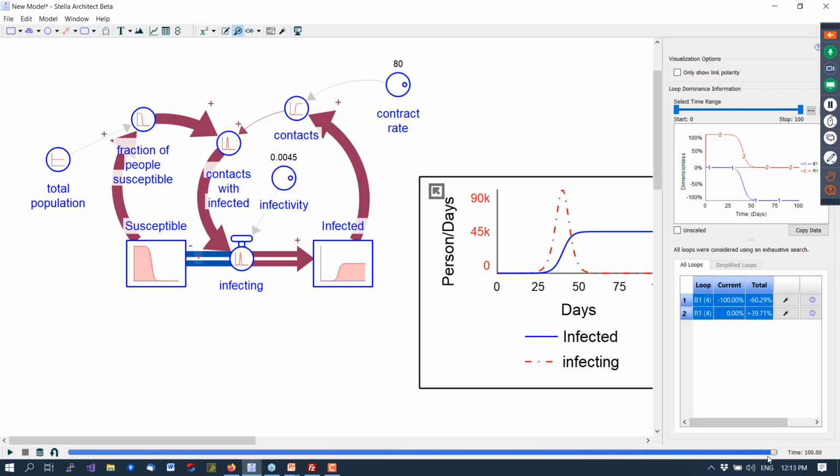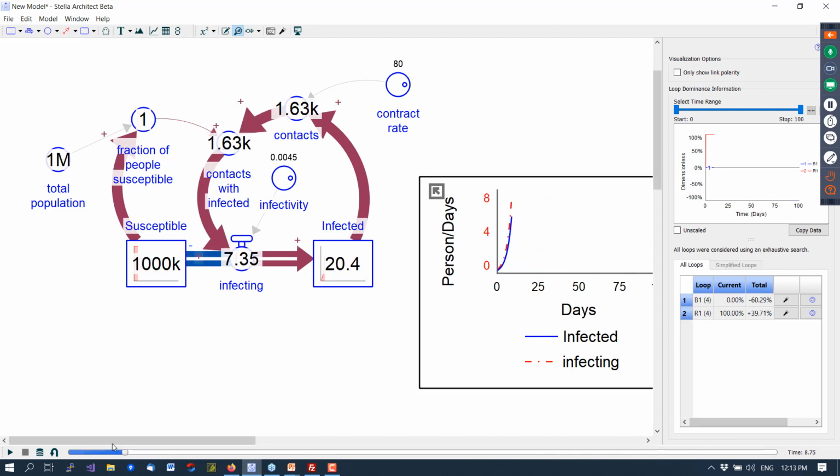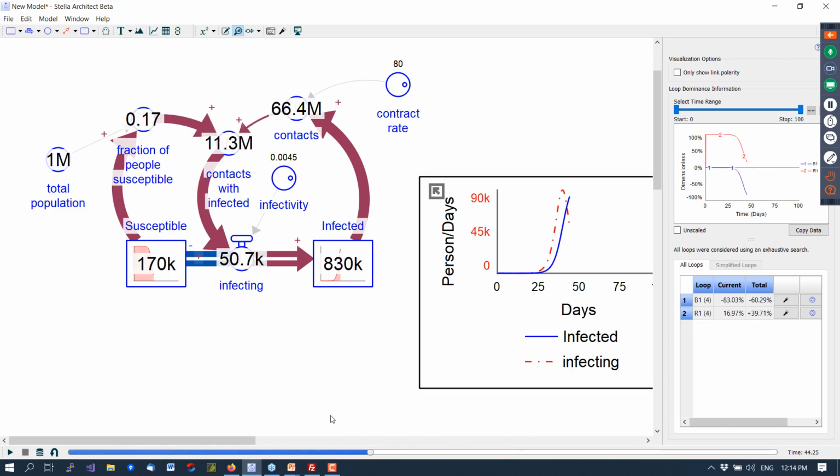And so we can see the transition from a positive feedback loop in this part to a negative feedback loop here. And there's just one period of time, and if you look closely, it's exactly the peak in infecting that it's happening. We're transitioning from a positive feedback loop to a negative feedback loop. So that is the BAS diffusion model.